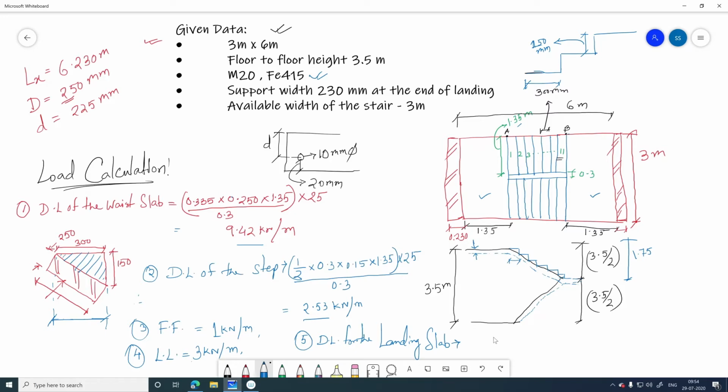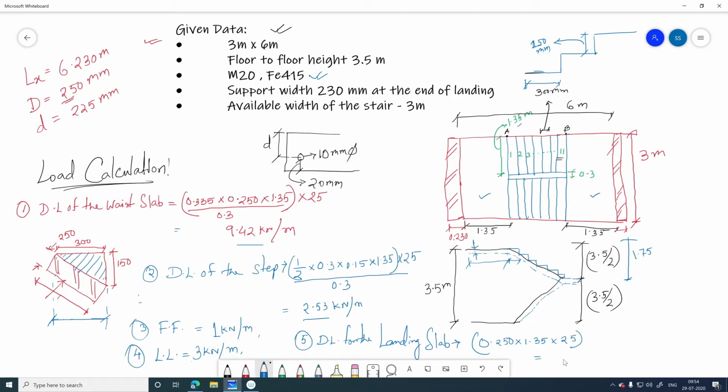So dead load of the landing slab will be 0.250, that means this particular depth into the length of the landing. So the length of the landing over here, that is 1.35, so 1.35 into the unit weight of RCC, that is 25.